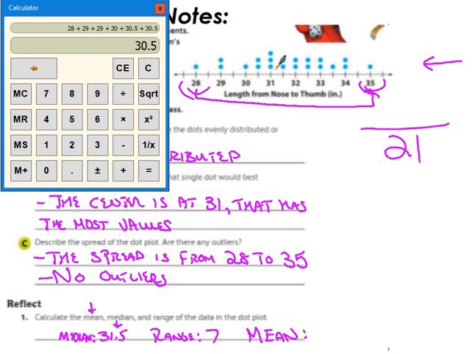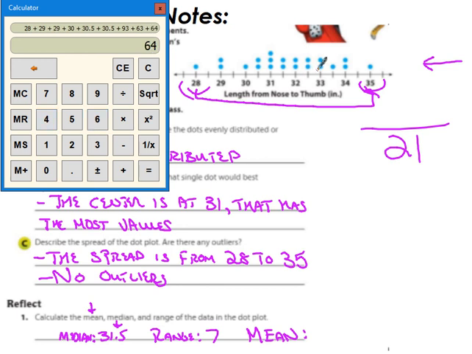I have three 31s. 31 times 3 is just 93. So I'm going to add 93 here. Two 31 and a half. I'm just going to add 62. I'm sorry, 63. I'm doing some quick math just so you don't have to watch me plug a bunch of stuff into a calculator. Two 32s is 64.